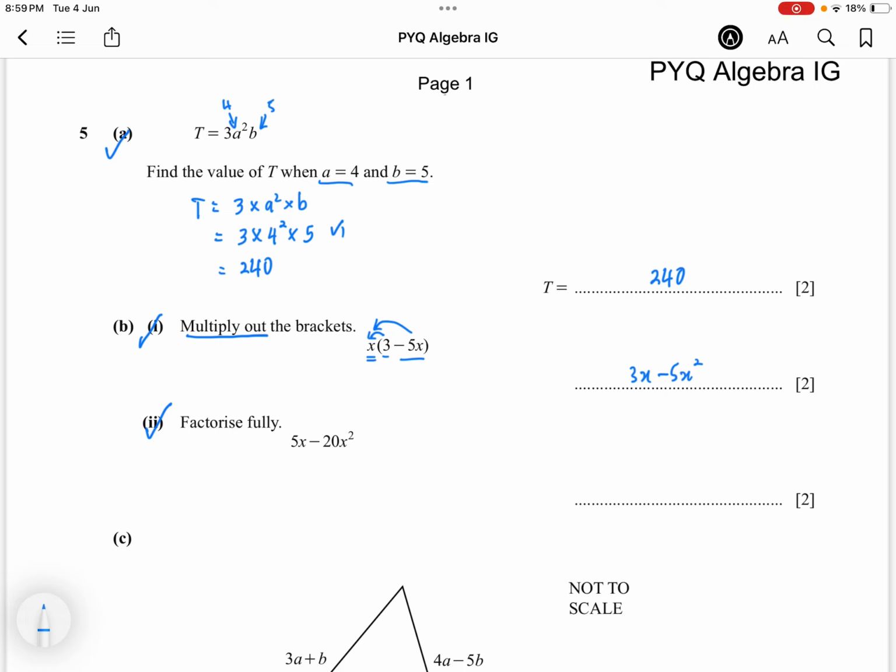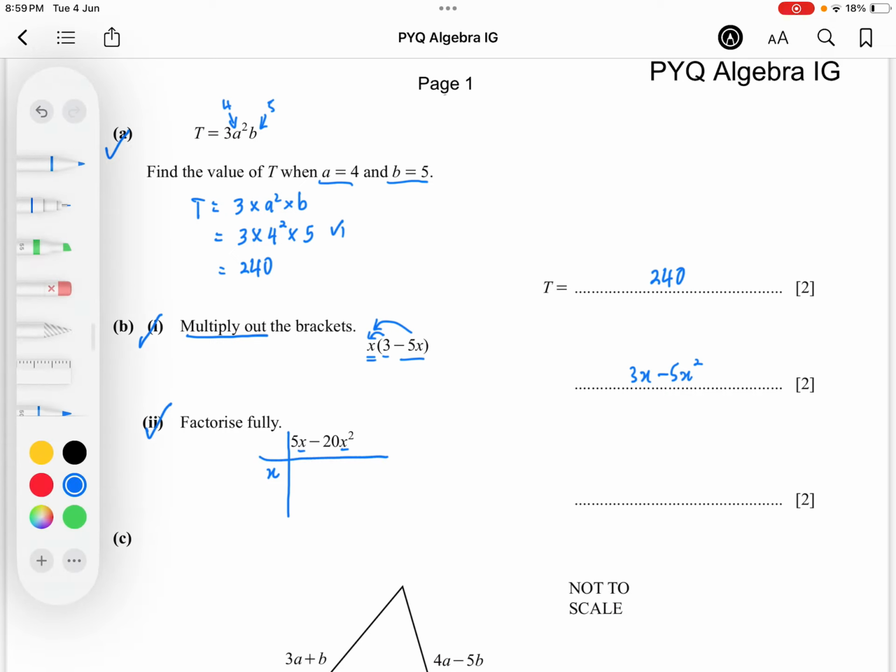Okay, next one, factorize fully. That means we can take out x first. So take out x. What else can we take out? So easiest one is if we do this division like this. Okay, let me put my x here. So 5x divided by x leaves you 5, minus 20x squared gives you minus 20x.